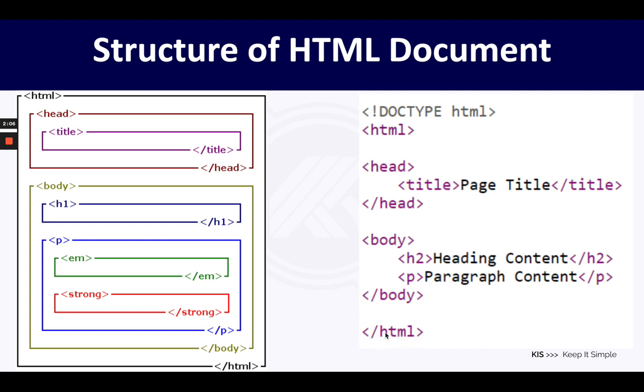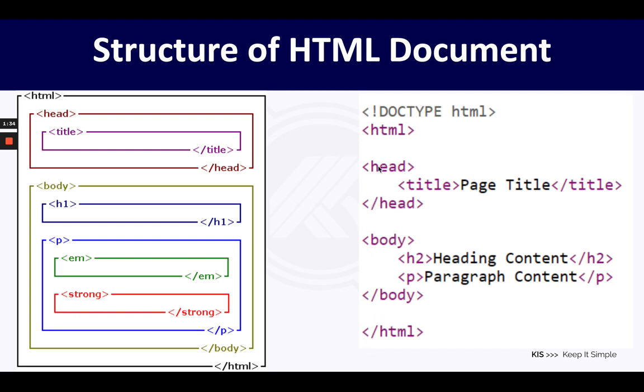If you look at this closely, you will notice a difference. The closing tag starts with a forward slash, and then you put the tag name, which is HTML. So you have an opening tag and a closing tag, and in between those you have the two major elements that you find within the HTML element, and that is the head and the body.